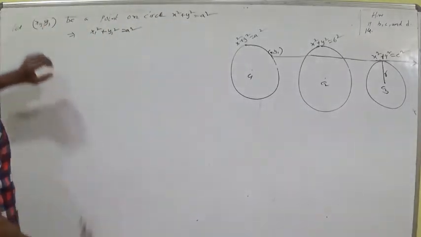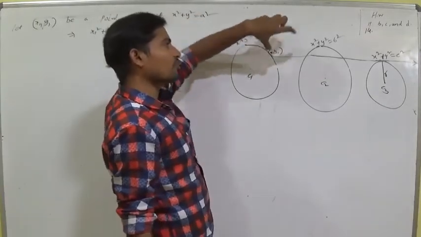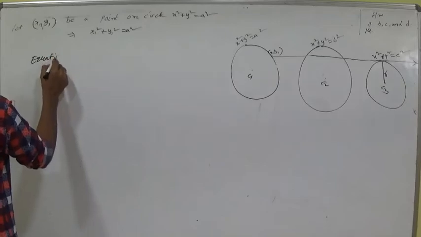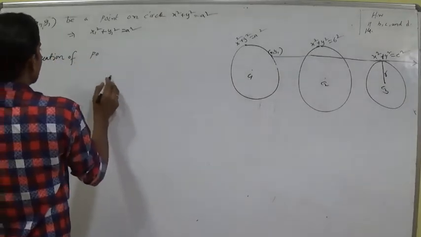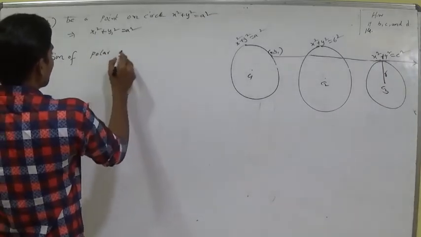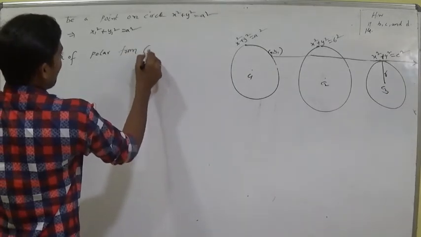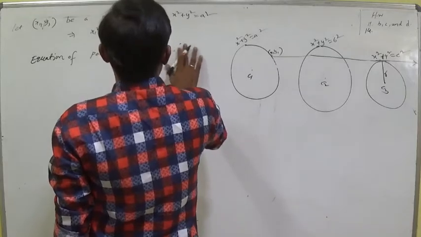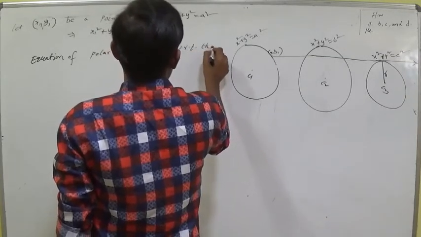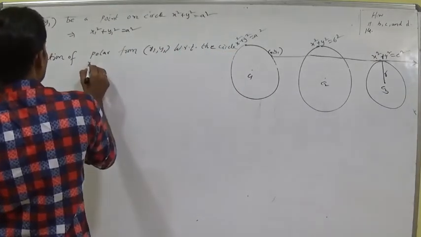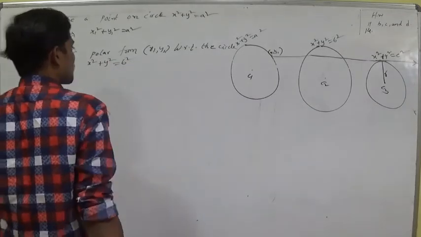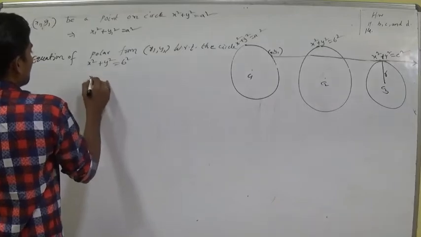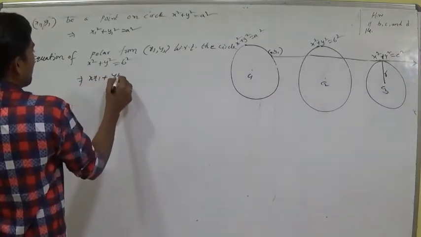Now, the equation of the polar from the point (x1, y1) with respect to the circle x² + y² = b² is, you know, S1 = 0, so xx1 + yy1 − b² = 0.